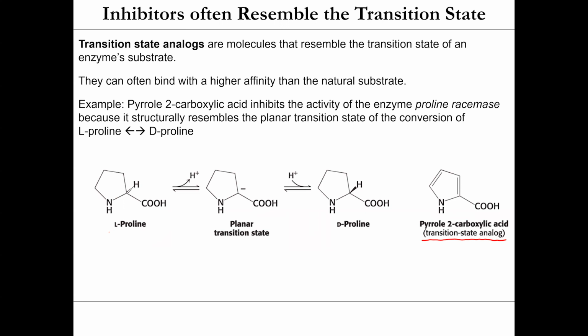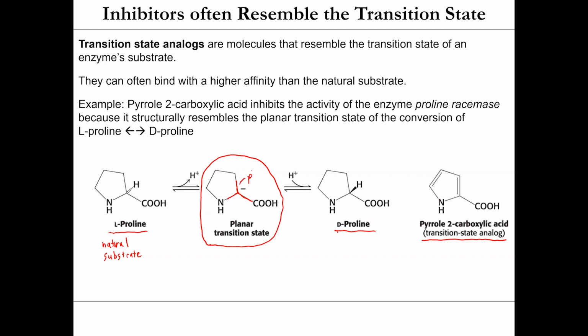So proline racemase takes L-proline, which is the isomer shown here, and converts it into D-proline, which is the chiral isomer of L-proline. For proline racemase to convert L-proline into D-proline, it has to go through a planar transition state, where this carboxylic acid group, or this hydrogen, basically goes from pointing towards us to away from us.